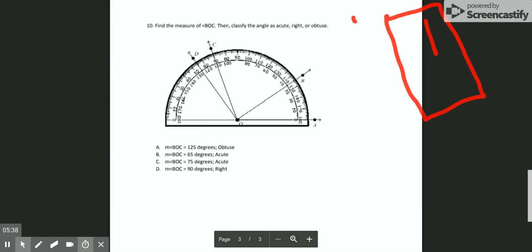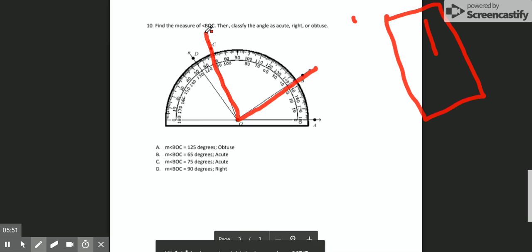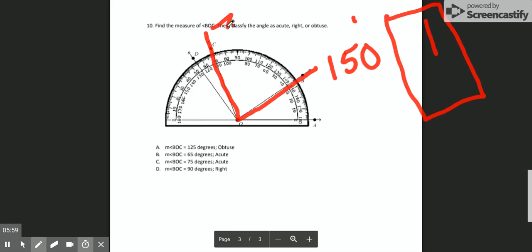And number 10, find the measure of BOC. So I'm going to highlight BOC. These right here, those right there, and then C comes up here. And B was at the 150 mark, and C is at the 70 mark.